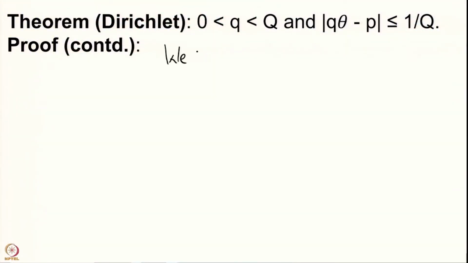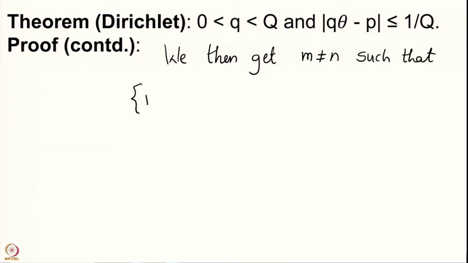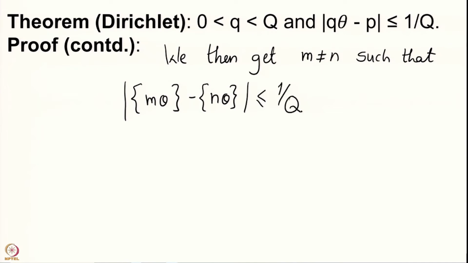So, we then get m not equal to n such that the fractional part of m theta minus the fractional part of n theta is less than or equal to 1 by Q.